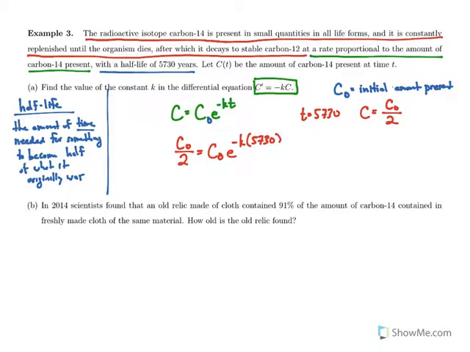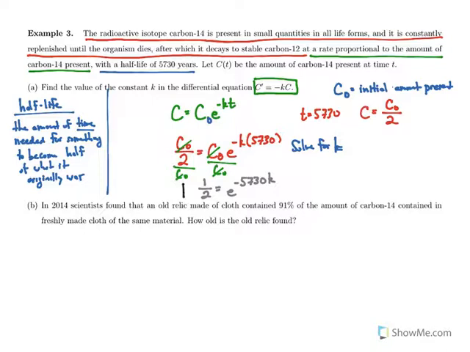And now we're going to solve for k. We can do that by dividing by C naught on both sides. Note that's going to cancel that C naught out completely. And we'll be left with 1/2 equals e to the negative 5,730 k.